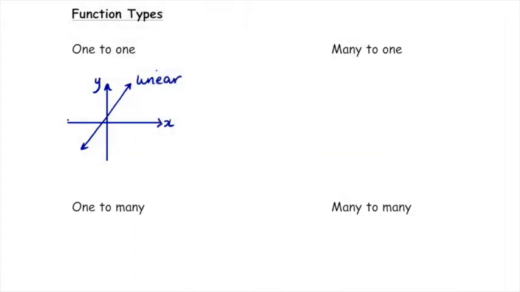And each one x value, for example this one here, maps onto exactly one y value. If I pick a different one, this x value maps exactly onto one y value. You're only ever going to get one y value for each x value. So it's one x value for one y value. And that happens every time.